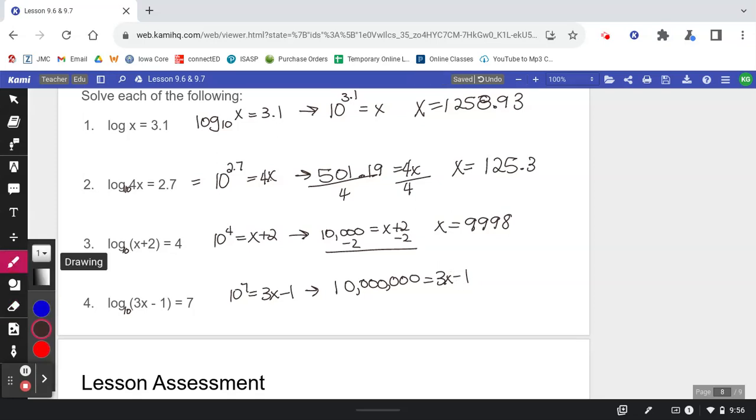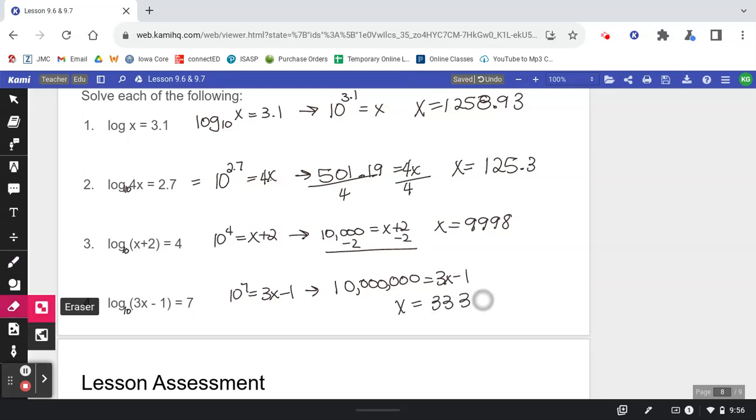So I'm going to add 1 and divide by 3. So x is 3333.9 67.